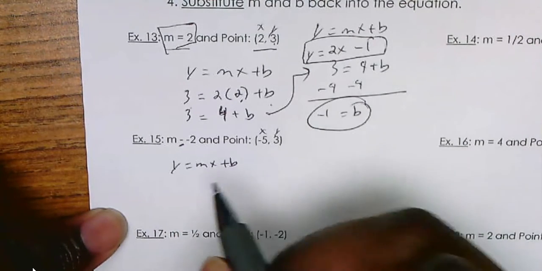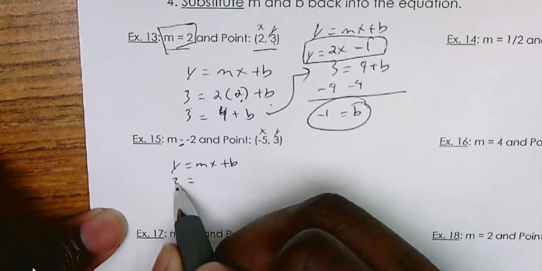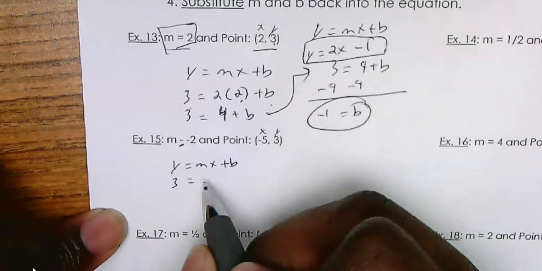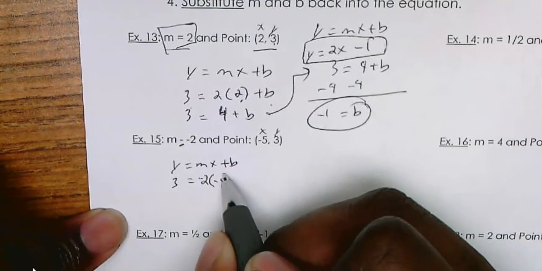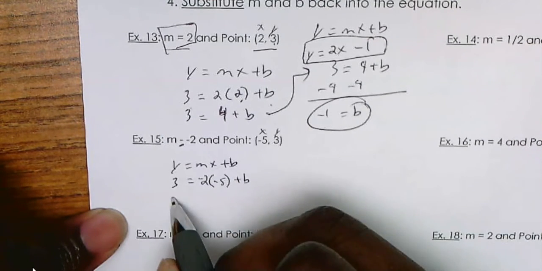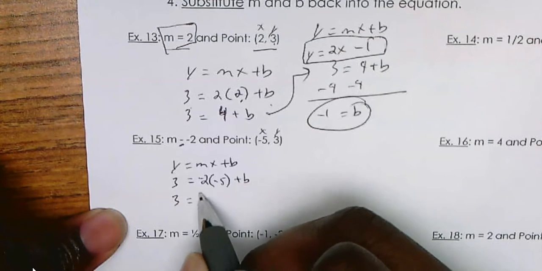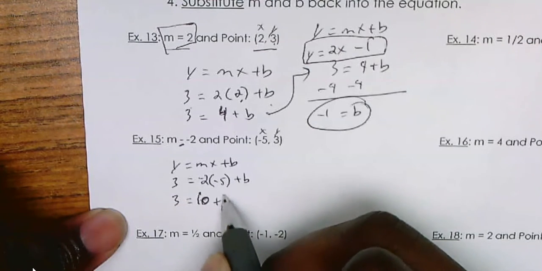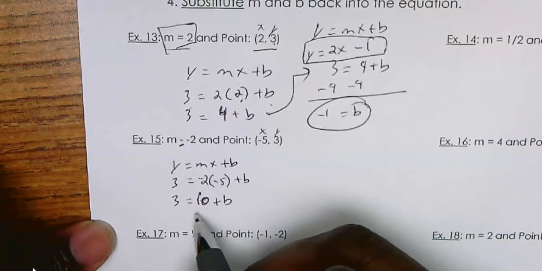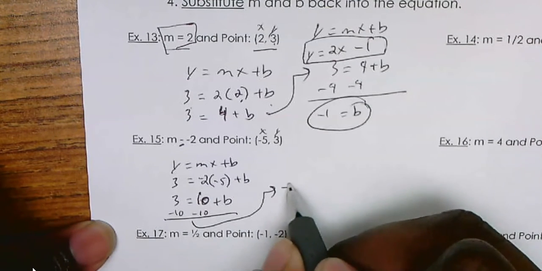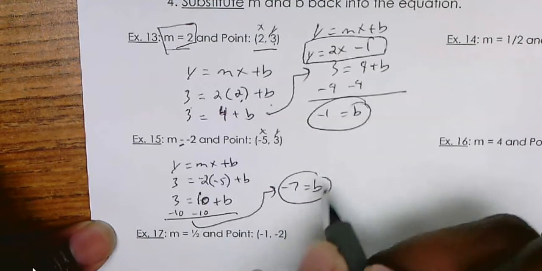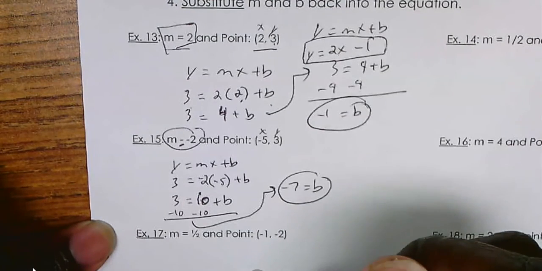If y is 3, I plug in 3. My slope is -2, so I plug in -2. My x is -5. So I get 3 equals 10 plus b. Subtract 10 from both sides. -7 equals b. So now I know m and b.